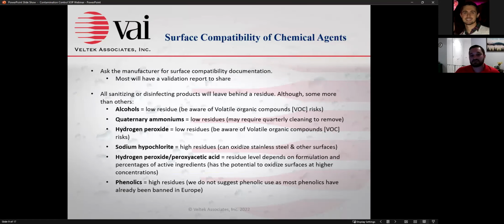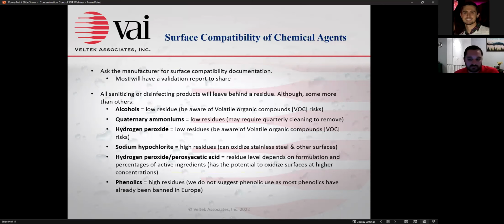Something else to consider is your surface compatibility of chemical agents. First off, when this comes up, you should ask the manufacturer if they have documentation on their products' compatibility with different surfaces.